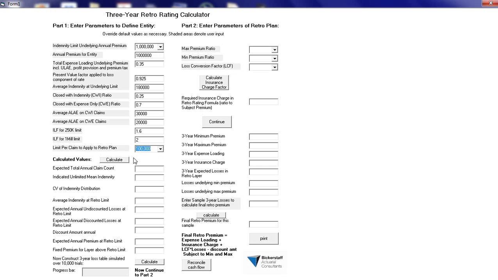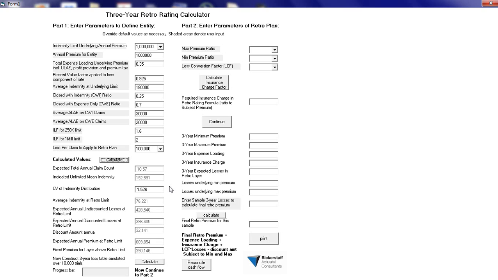Well, first we're going to do it with no limit, and then we're going to find out, can we come up with a distribution such that when you limit it to $1 million, we have 180,000, and it also has an implied ILF of 1.6 for the 250 and implied ILF for $1 million of 2, and so forth. So we're going to do this in this particular area with calculating these values.